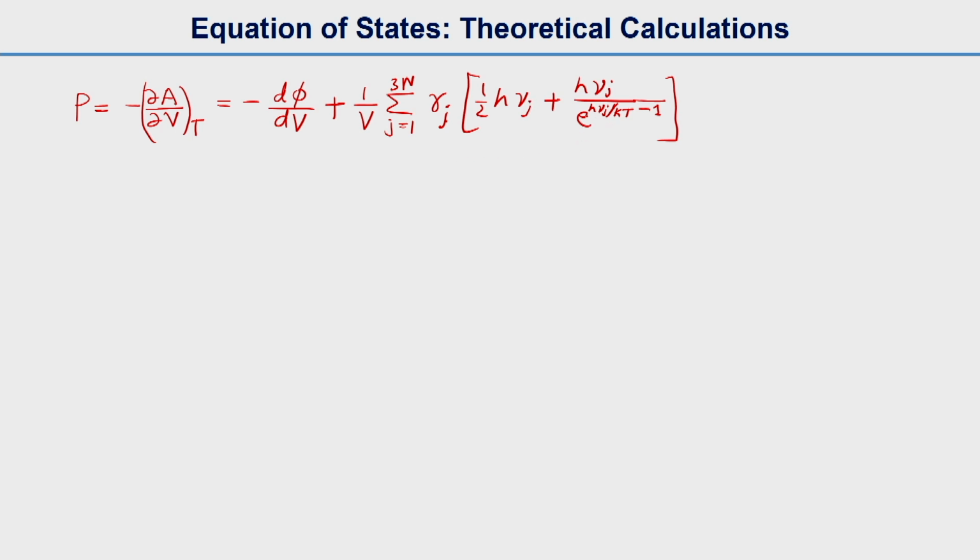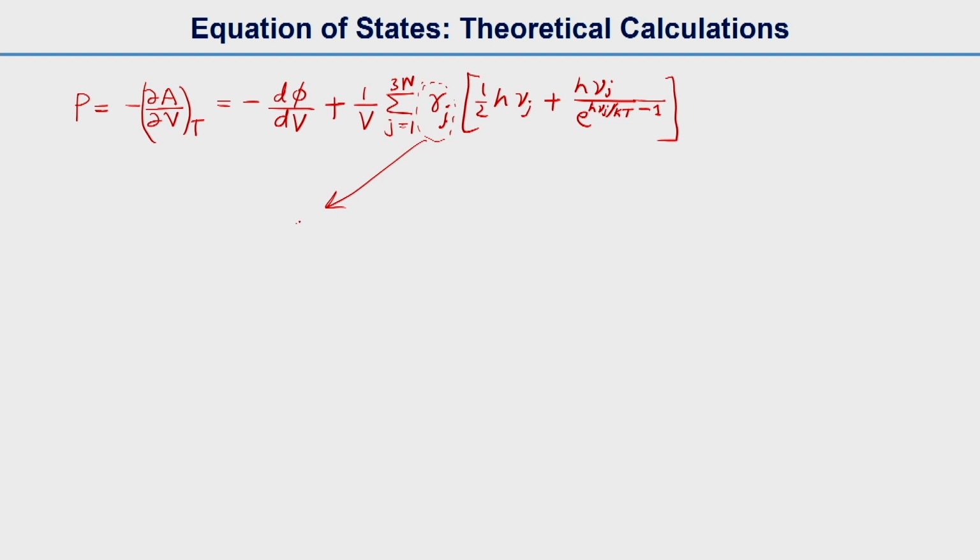These terms came from the statistical mechanics consideration. We are not going into that, but we are more interested in this parameter gamma_j.